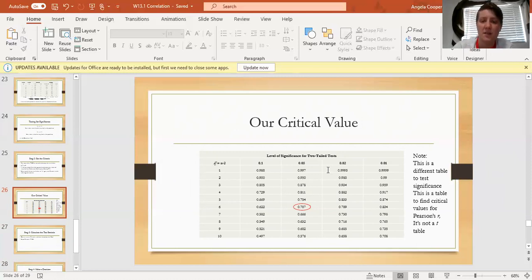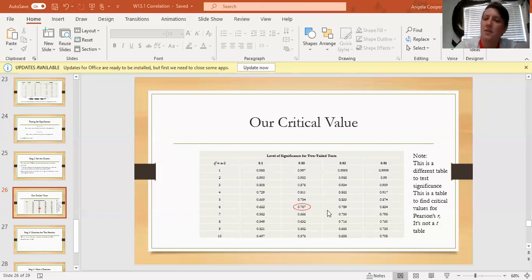But you'll see here our level of significance, two-tailed test, 0.05. And then we have our degrees of freedom, which is n minus 2. We determined our degrees of freedom to be 6. So we just follow the line here, and I've circled it to make it easier on all of our eyes.